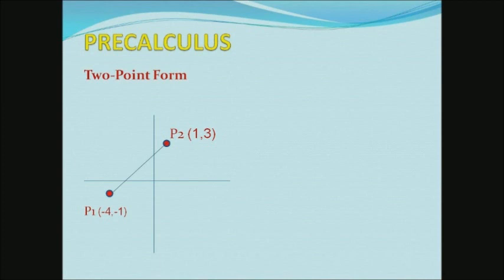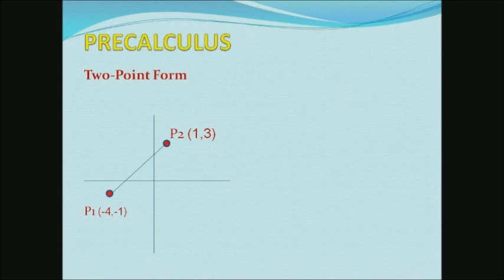Our next form of equation of the straight line we have now is the 2-point form. Again, 2-point form. So, dito naman sa klase ng form na to, we have the straight line. And then the 2 points along that straight line are given. So, let's say we have point 1 and point 2. So, for point 1, we have the coordinates negative 4, negative 1.